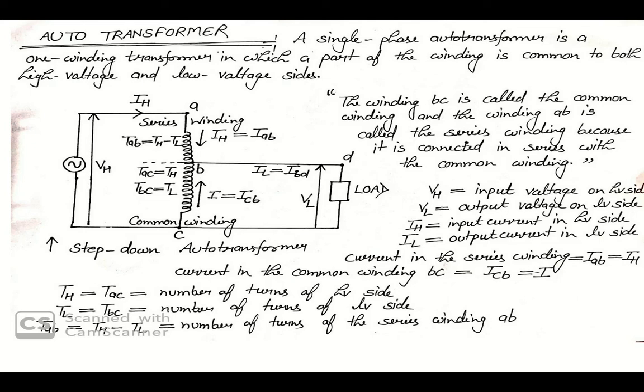The second application is boosting of supply voltage by a small amount in distribution systems to compensate the voltage drop. The third application is that auto transformers with a number of tappings are used for starting induction motors and synchronous motors. So this is your single phase auto transformer. Thank you.